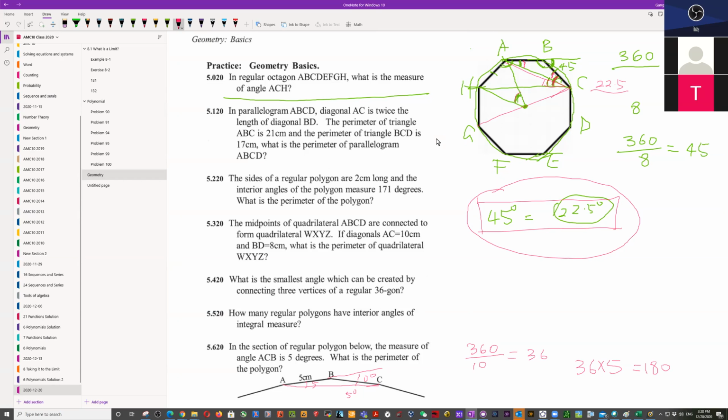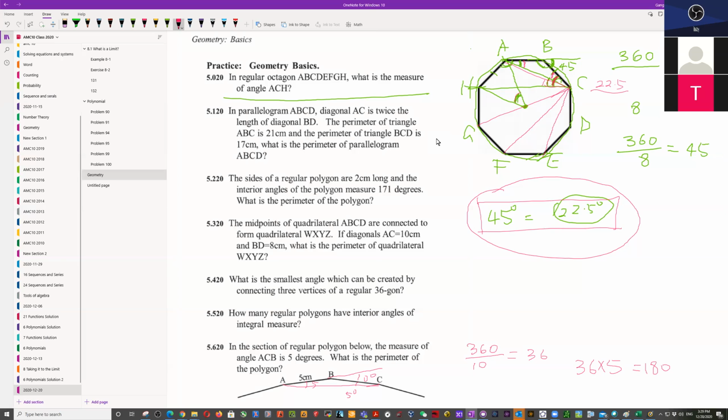Let's make more angles and try to calculate more. You will see that magical thing happen, especially in a regular octagon: you are able to calculate those angles.